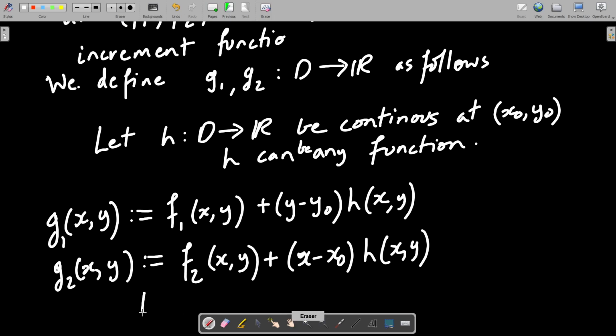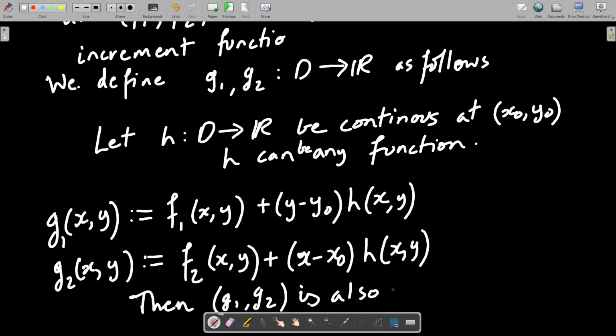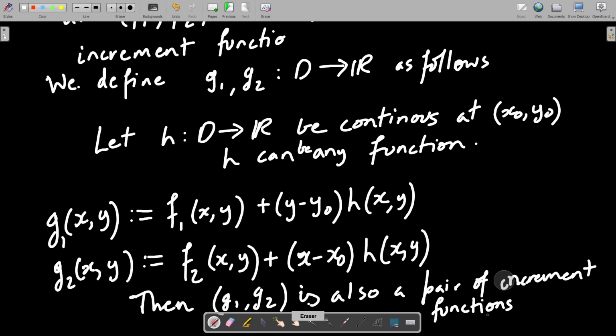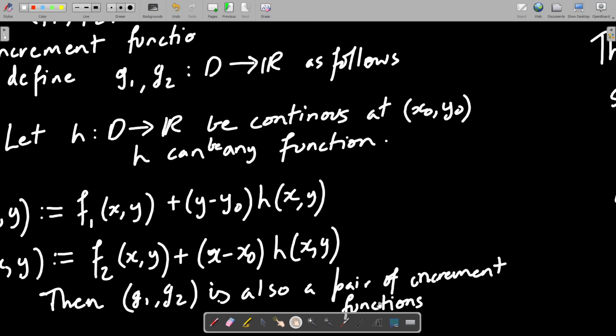So then g1, g2 is also a pair of increment functions associated with f at x naught y naught. The page is over, I move slightly left.